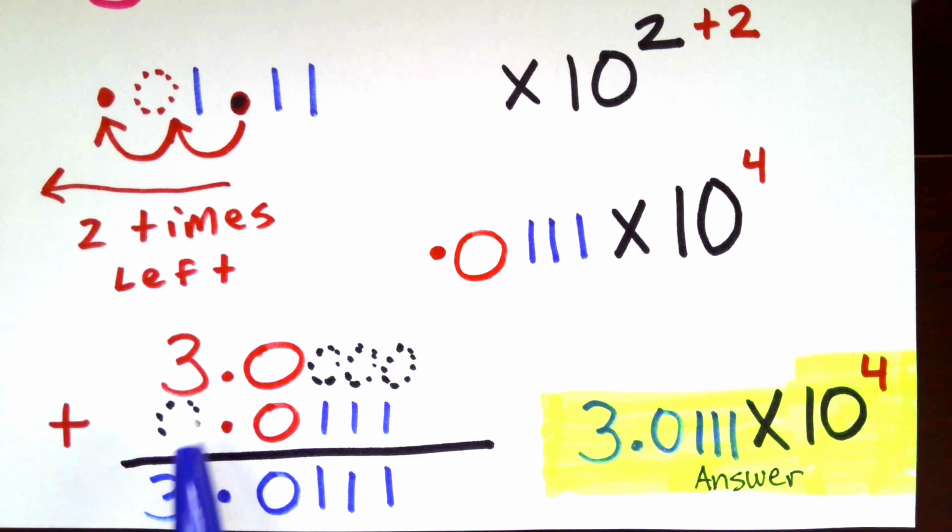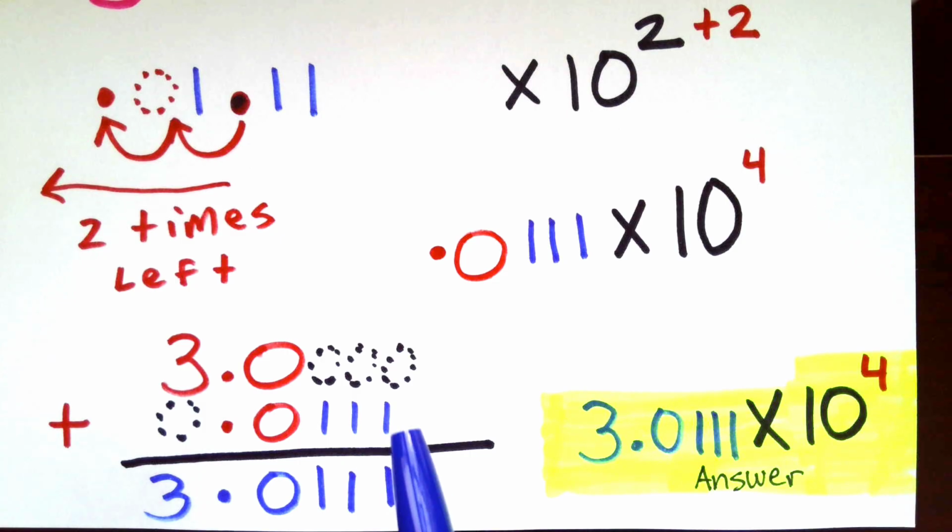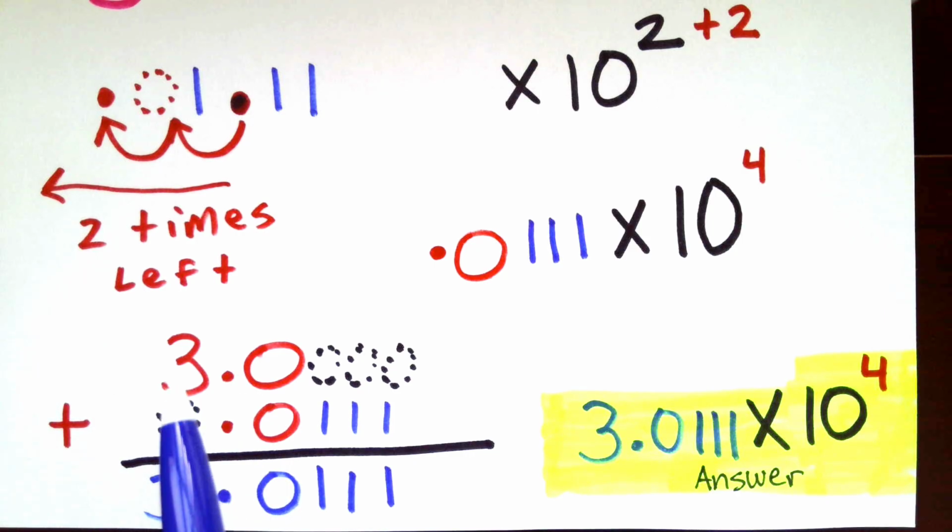I've placed 3.0 with 3 placeholders of 0, lining up my decimal, over the 0.0111. I've added them together. Anything plus 0 is itself, keeping the decimals lined up. Of course, 3 plus 0 is 3.